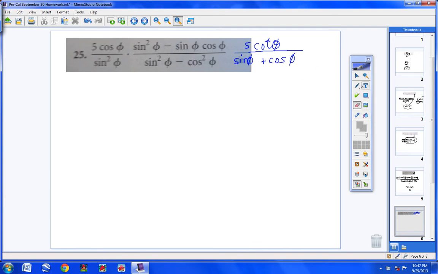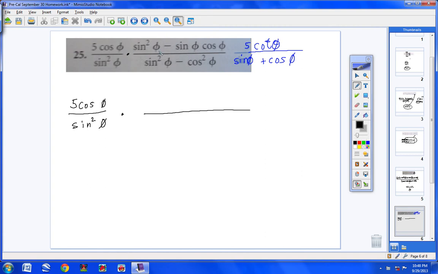Okay, students, here is what we were trying to end up with right here. And again, like I've said before, if you can factor, try to factor. In this case, I have two fractions that are multiplying. So what I'm going to do is I have 5 cosine of this angle right here over sine squared times, now, look at these two terms, sine squared minus sine cosine.